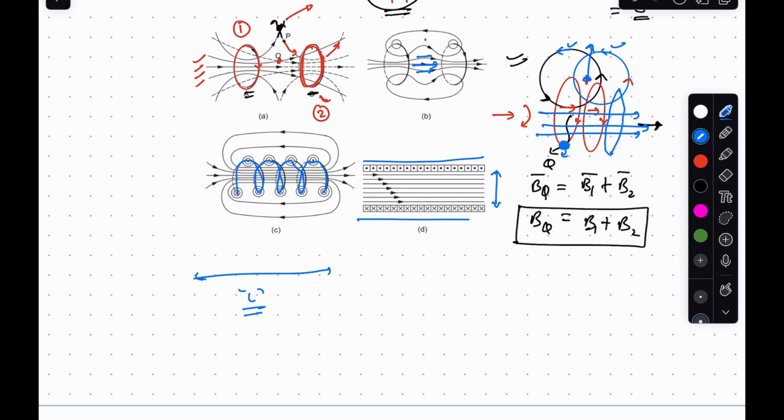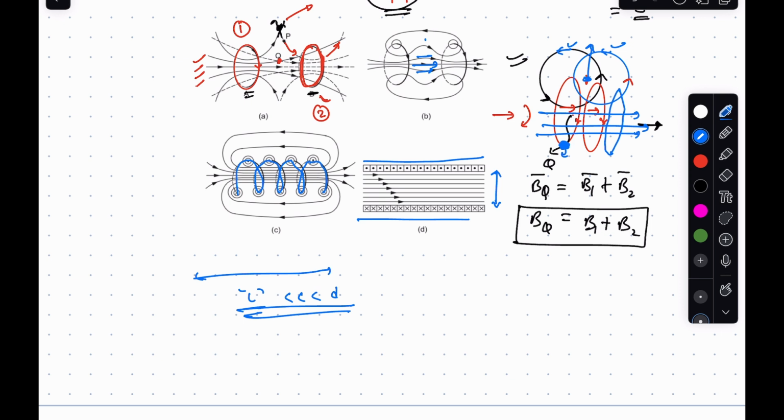That is far less than the length. Because of that, the magnetic field lines inside become almost parallel, although for two loops it will not be like that. For two loops it will be more unsymmetric.